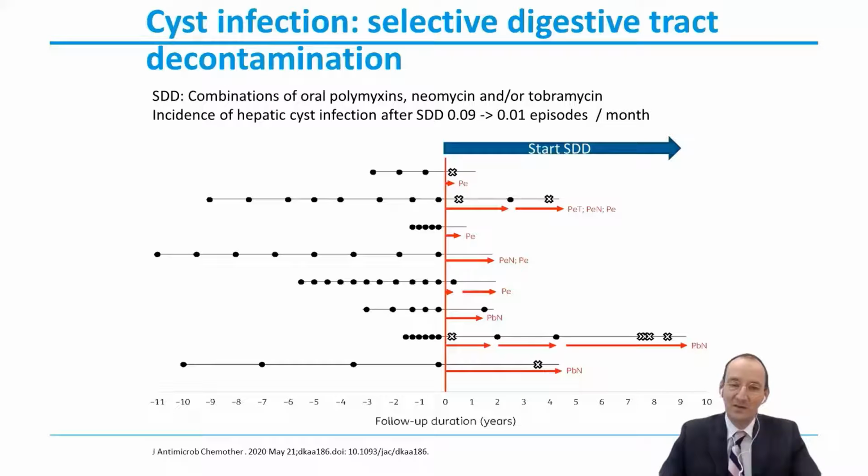So that's why we give our patients with recurrent cyst infections, which can be a problem, selective digestive tract decontamination. And here you can see the start of the SDD in these patients, which greatly reduced the incidence of hepatic cyst infections after start.